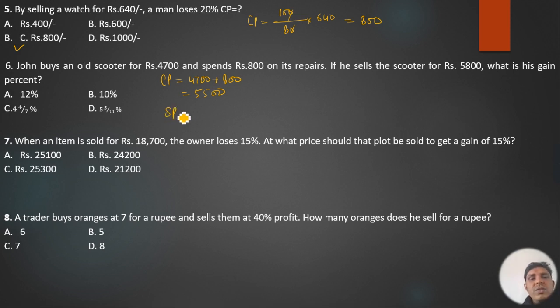Thereafter, he sold the scooter for rupees 5800. That means here selling price is more than cost price, so we will be getting the percentage profit. Percentage profit will be the profit, that is selling price minus cost price. That means 300 divided by the value of cost price, that means 5500, and multiply by 100.